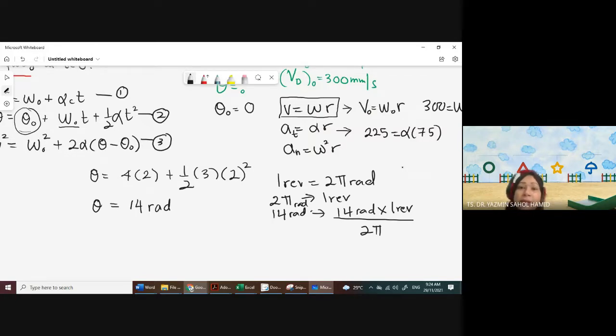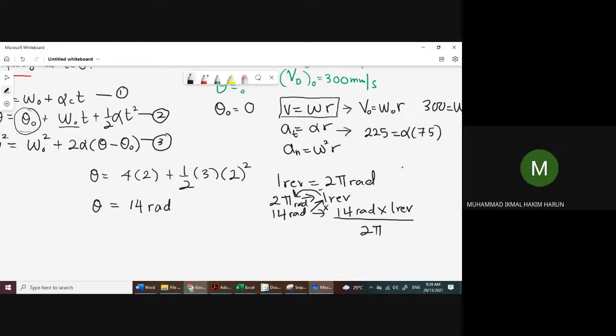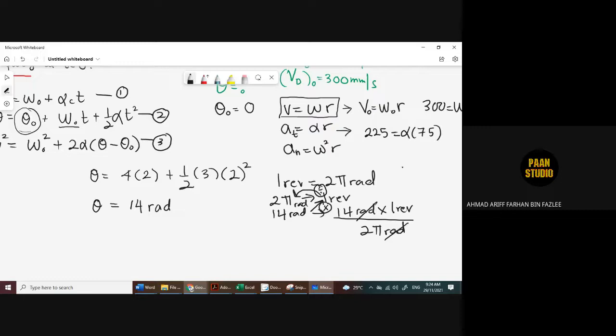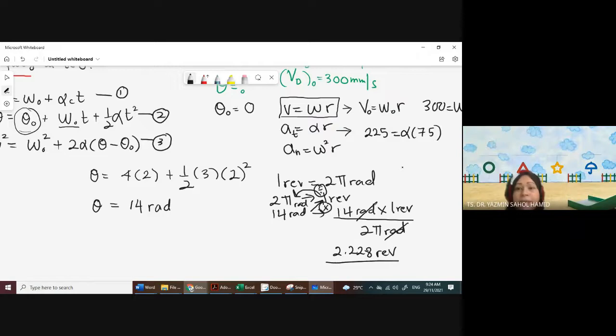Ni kena bahagi, ni kena kali. So 14 ni bahagi dengan 2 pi rad. That's why you potong ni, you dapatlah jawapan dalam rev. So 14 divided by 2 pi dapat jawapan dalam rev. So berapa? 2.228 rev. So itu jawapan dia.